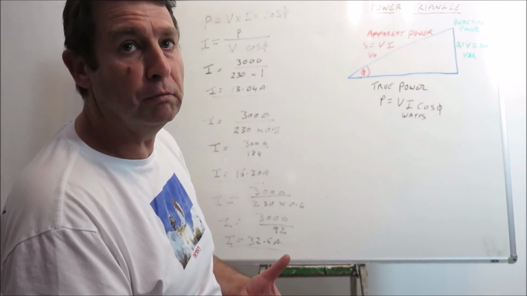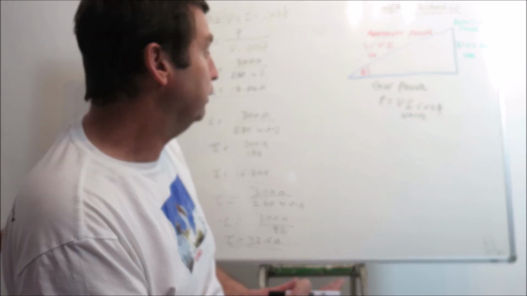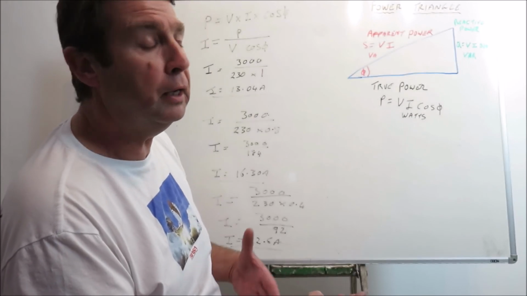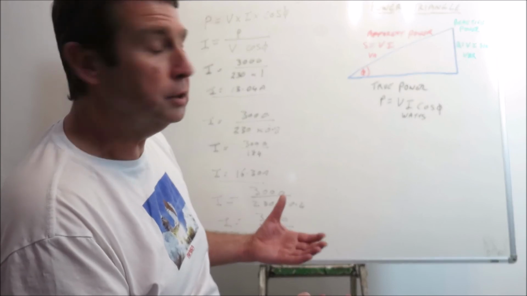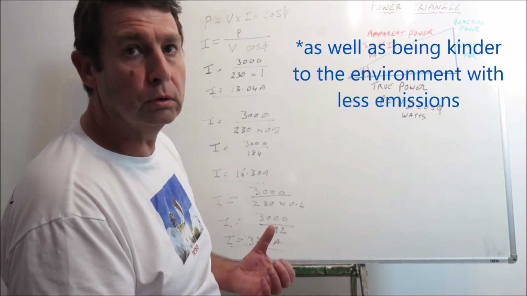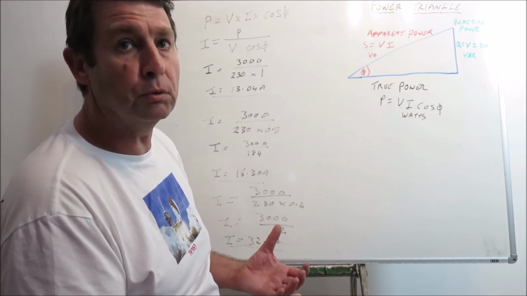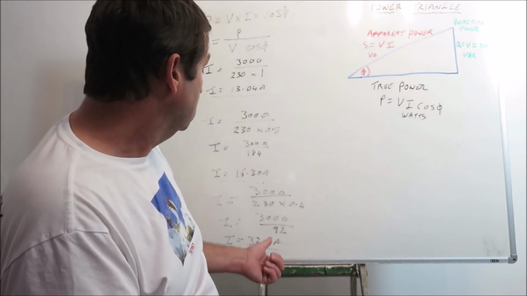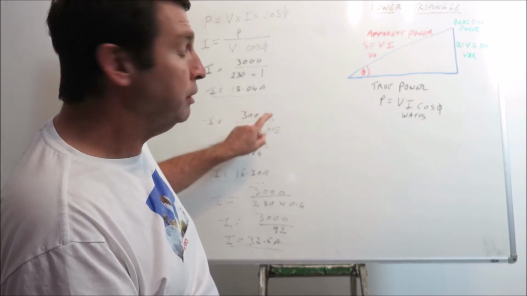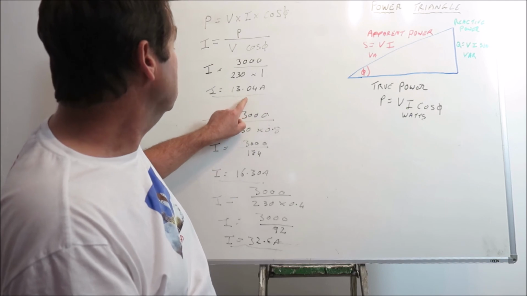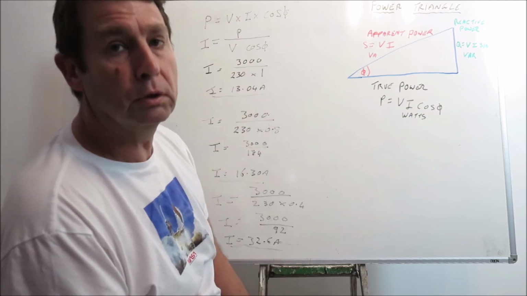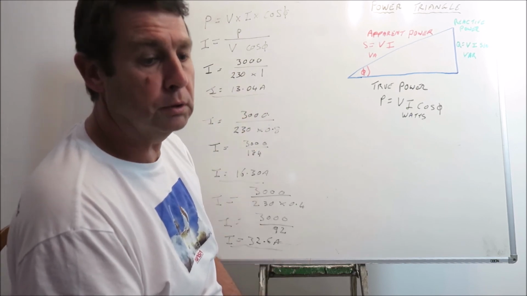So it saves you a lot of money in power, because you'd be paying for less energy consumed, and also your infrastructure can be downsized to carry the smaller current for the same load of 3 kilowatts.